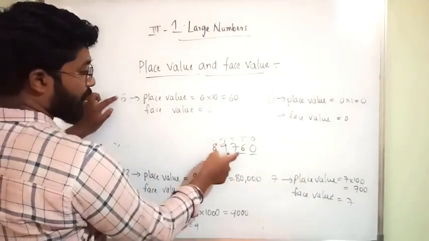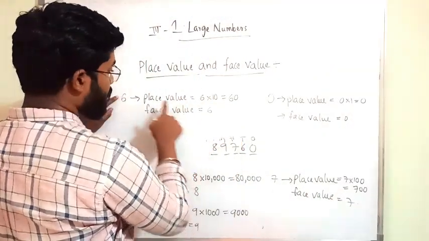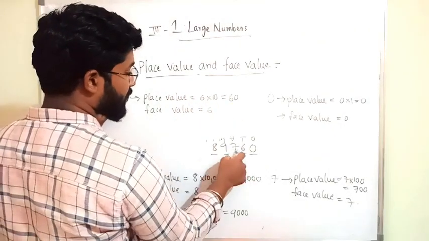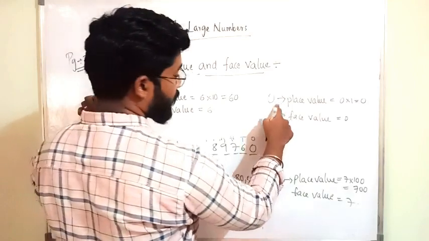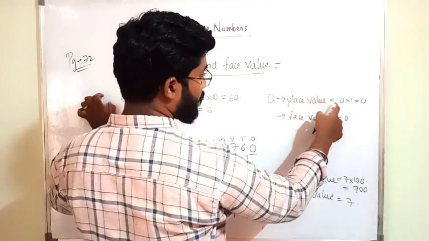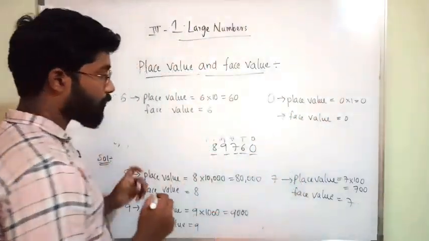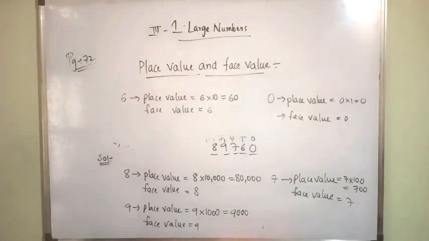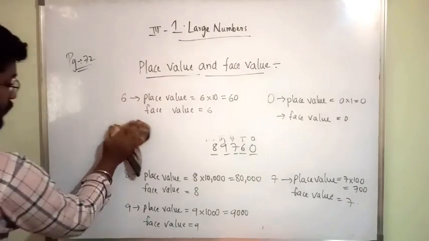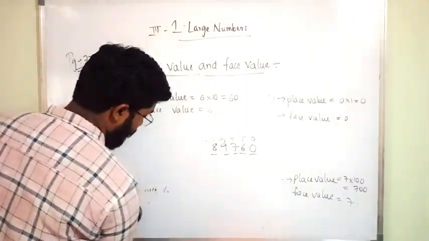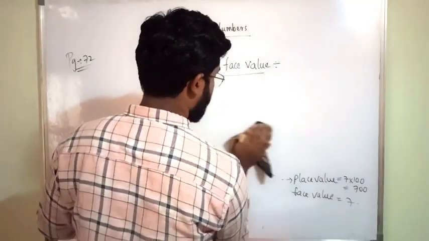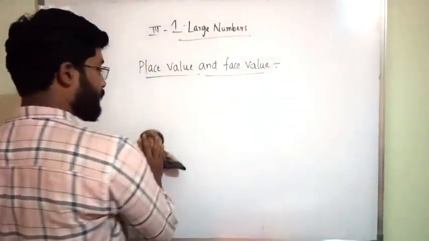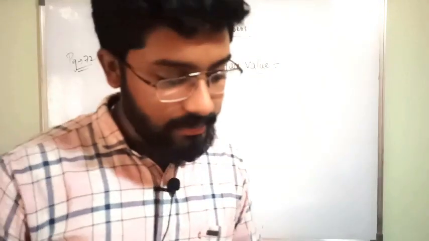For 6, in tens place, 6 into 10, 60. Face value is 6 only. 0 is in ones place, place value is 0 into 1, 0. Face value is 0. Like that you have to find the place value and face value for the given number. So with this, place value and face value is clear, I think.